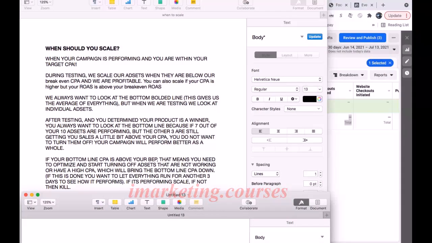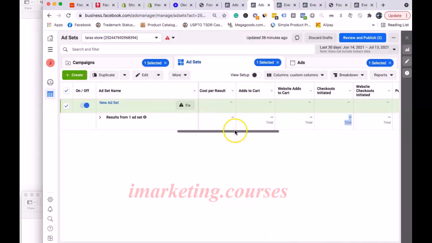So what you're going to want to do is turn off the ad sets that are not making you money, so they're above your break-even point CPA, okay? And you want to keep the ones that are performing, that are below your target or break-even CPA, and let it run for another 3 days. So you would come in here, look at it as a whole. Okay, this says 25 bucks.